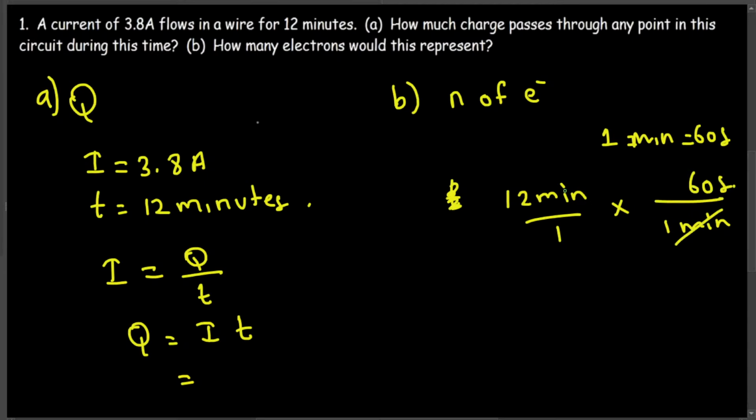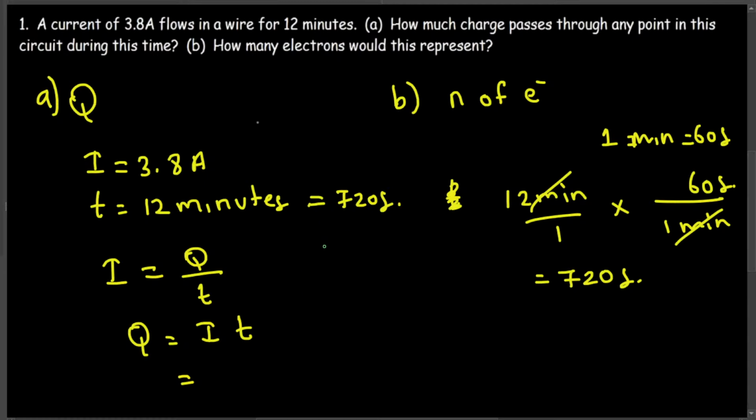So minute cancels. 12 times 60 is 720. So 12 minutes is equal to 720 seconds.